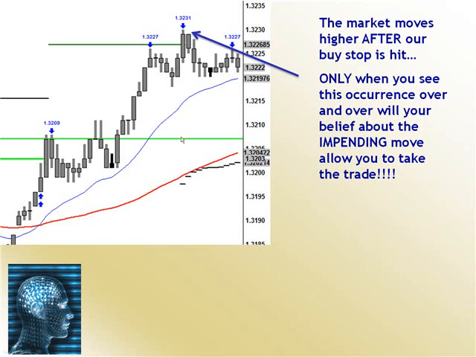And now not only do you have all that data, but you also have built a new neural associative condition towards this trading system in this market. And now you can trade it with confidence. But only after seeing the occurrence over and over again will you believe that the trade's actually going to happen.